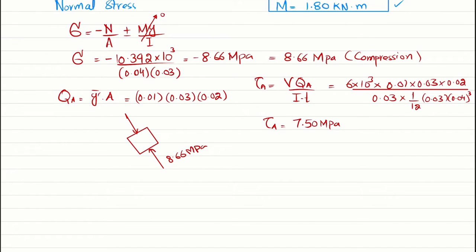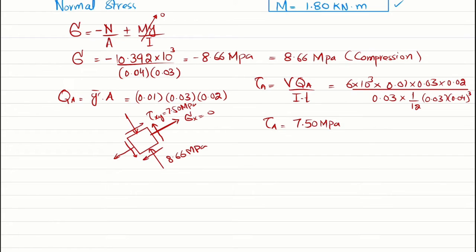In this direction we have taken x, so sigma x is not available. Sigma x is equal to 0, so there is no need to represent it. And tau of xy is this one, which is tau A, so tau of xy is equal to 7.50 megapascal.